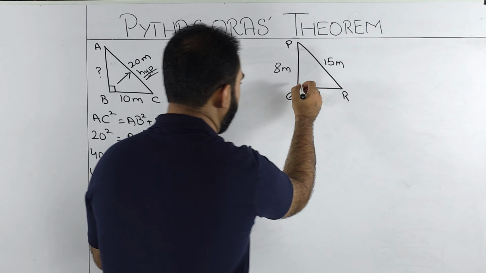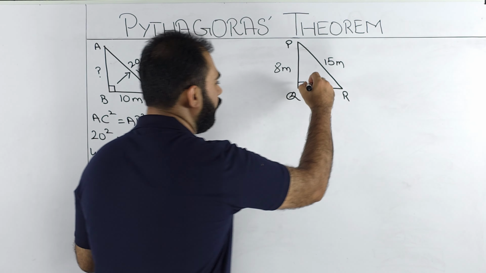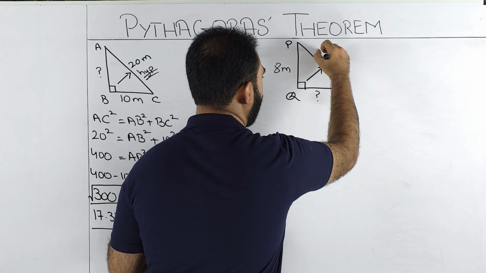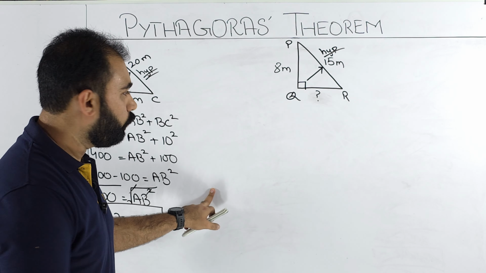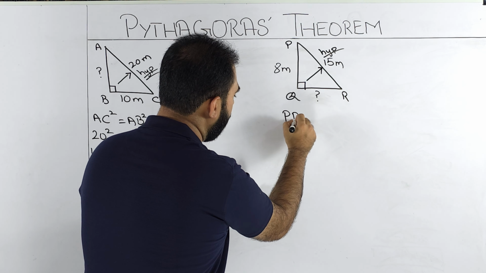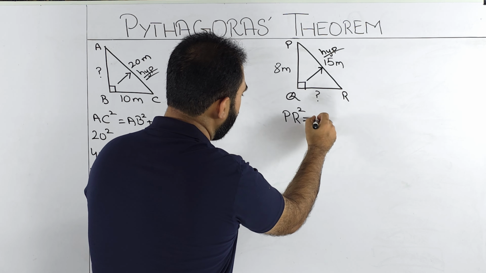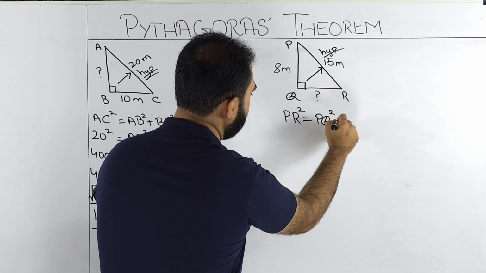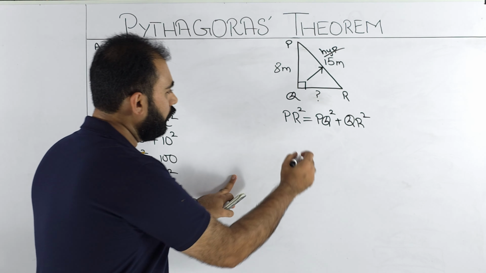Similarly, in this case, again, it is a right angle triangle. So, we will identify which length is hypotenuse. Now, we are going to apply Pythagoras theorem that says PR square, hypotenuse square, is equals to PQ square plus QR square.